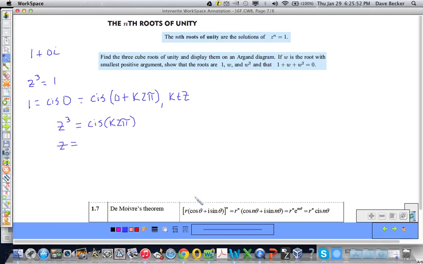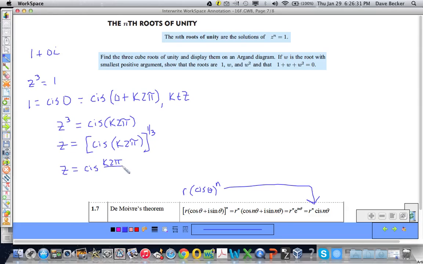Using de Moivre, r cis theta to the n, we have z equal to cis of 2k pi, to the 1/3 power. 1 to the 1/3 is 1, and we multiply the angle by 1/3, and we get z is equal to cis of 2k pi over 3.